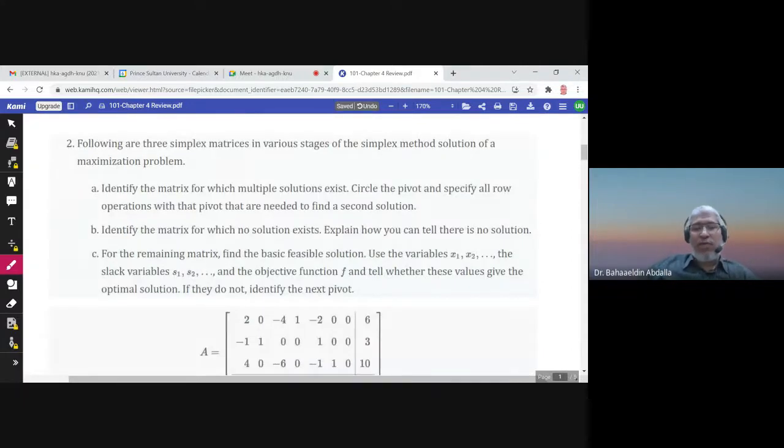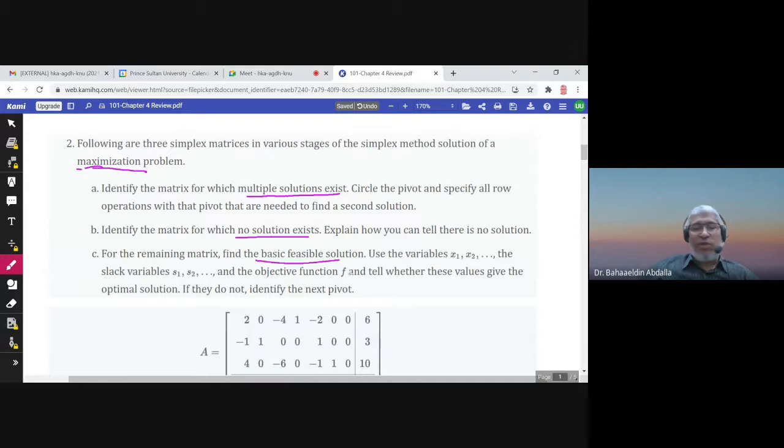Following are 3 simplex matrices in various stages of the simplex method solution of a maximization problem. Identify the matrix for which multiple solution exists. Identify the matrix for which no solution exists. For the remaining matrices, find the basic feasible solution.